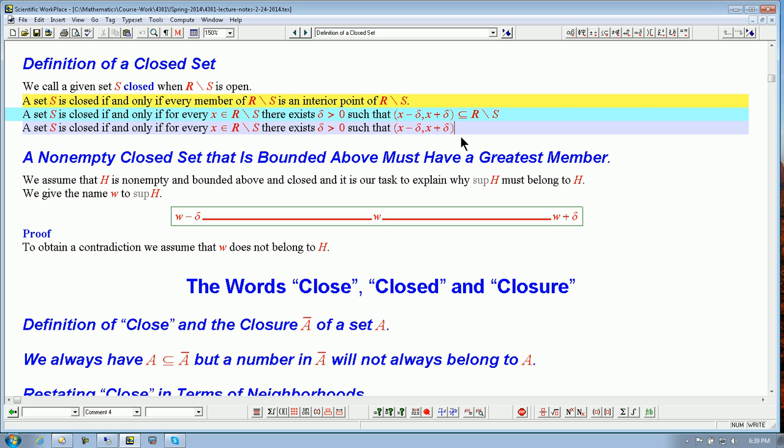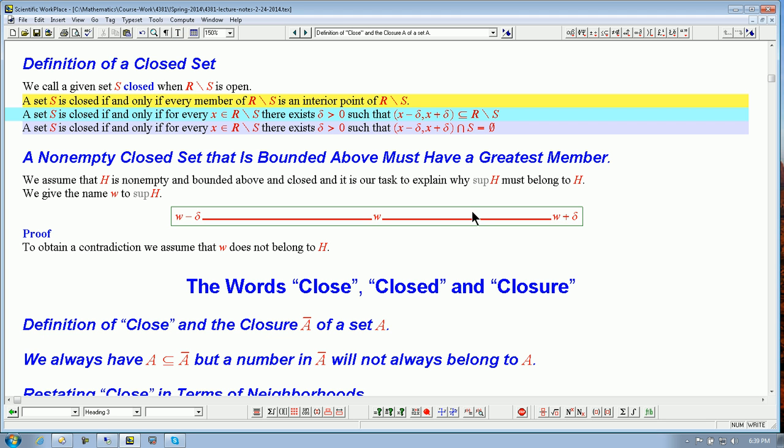In complement S, so none of them are in S. So here are lots and lots of ways of saying that a set succeeds in being closed. Okay? Whew. Now, I am coming down to the new stuff.